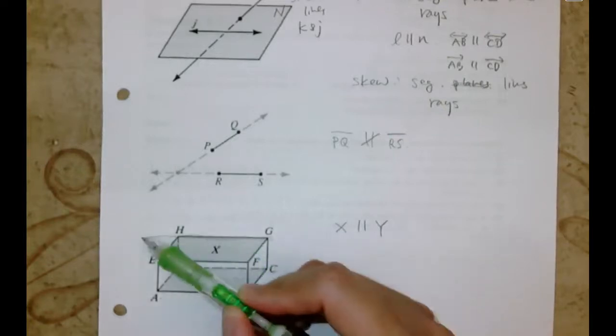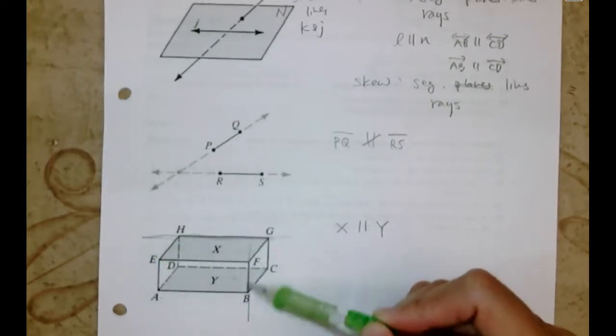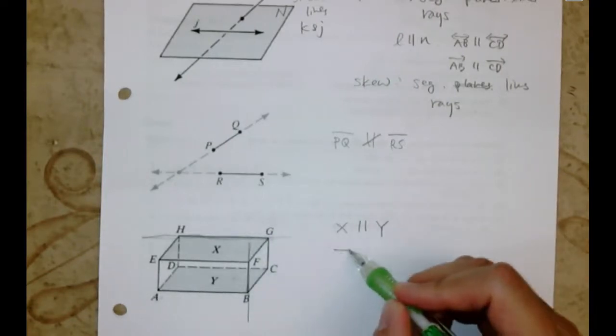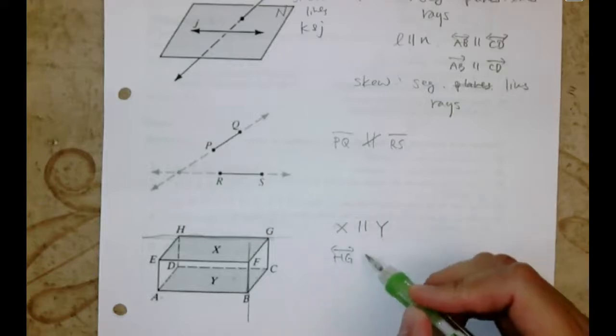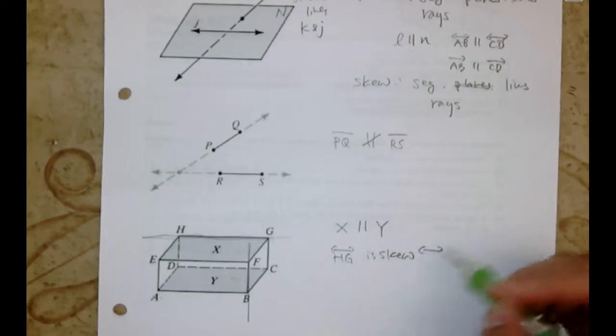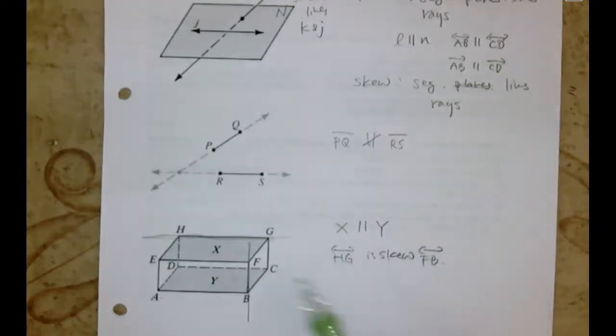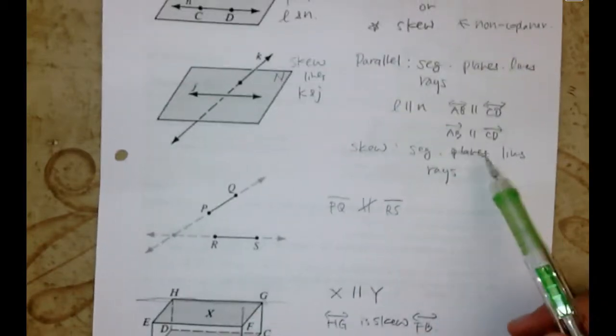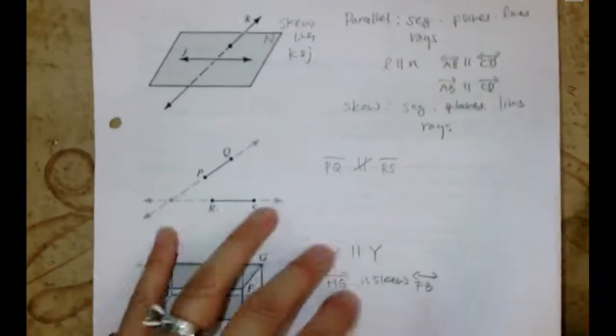This line and this line will never intersect, but they are not coplanar. So line HG is skew to line FB, for example. However, this plane and this plane are parallel, and this plane and this plane intersect here. The planes eventually will intersect unless they are parallel. So there are no skew planes. Okay? All right.